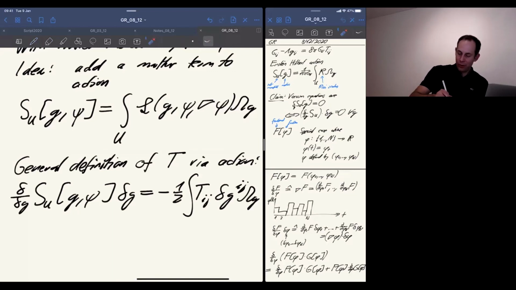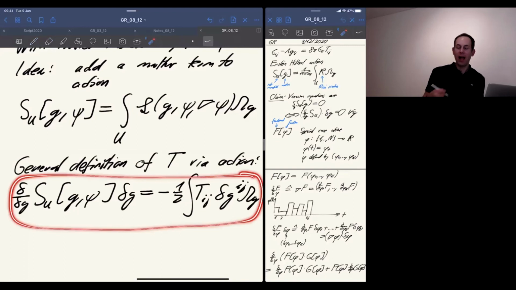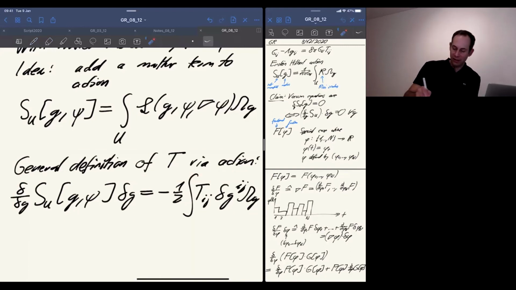Okay, this looks a bit strange, but I define T in terms of an integral equality.